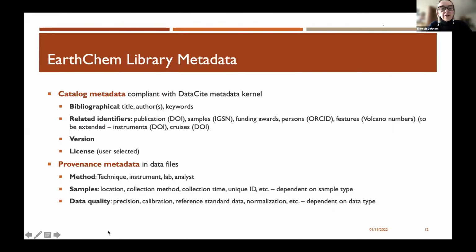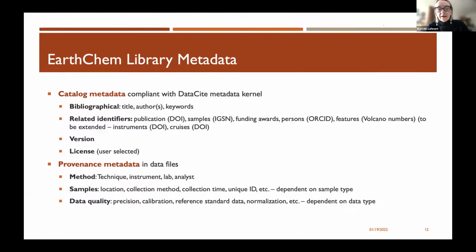Okay, just a quick look at the metadata that we have in the EarthChem library. So for the catalog that basically contains metadata for the identifier for data site, we follow the data set metadata kernel as much as possible. There is bibliographical information such as title, authors, and keywords.